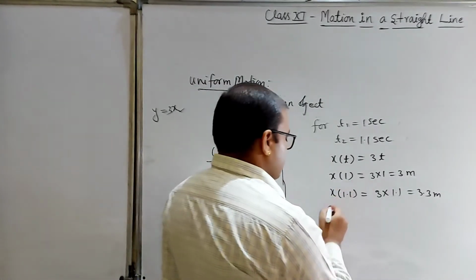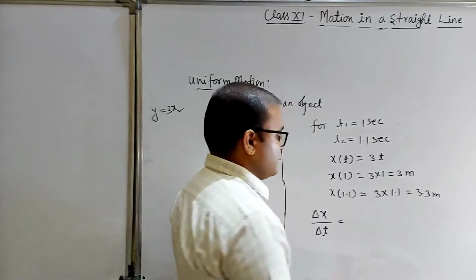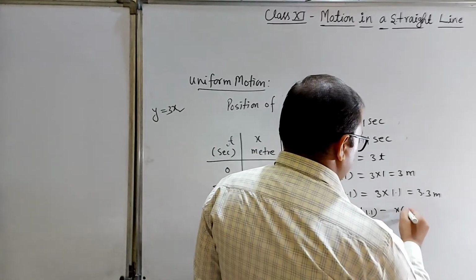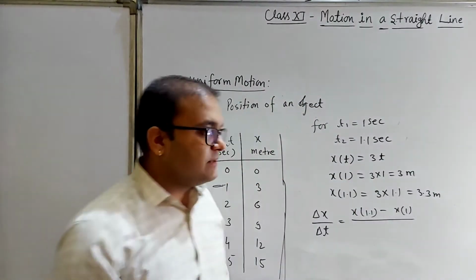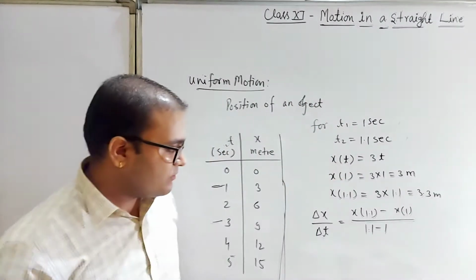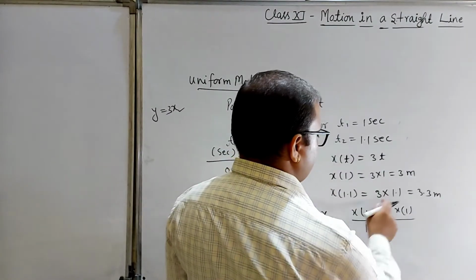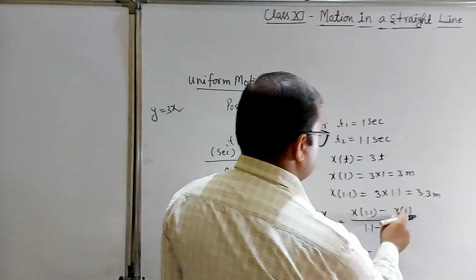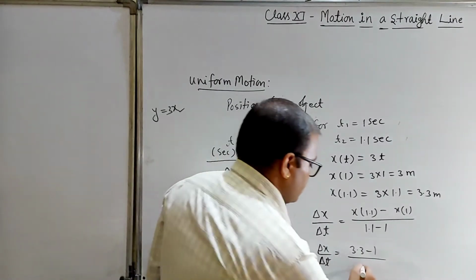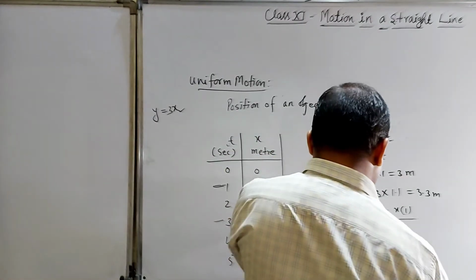Okay, so what will be delta x here? Or we can say delta x upon delta t. So delta x will be the position at 1.1 minus the position at 1 second, upon the change in time interval, 1.1 minus 1. Okay, so now put the values. Delta x upon delta t equal to x at 1.1, that is 3.3, minus x at 1, that is 3, upon 1.1 minus 1, that is 0.1.